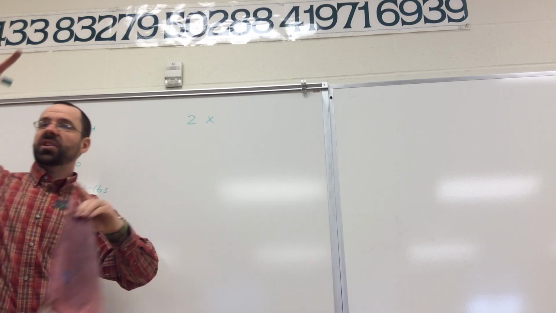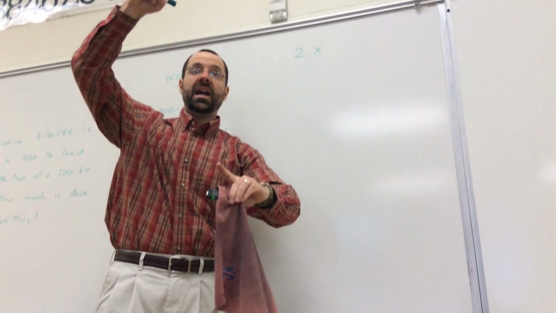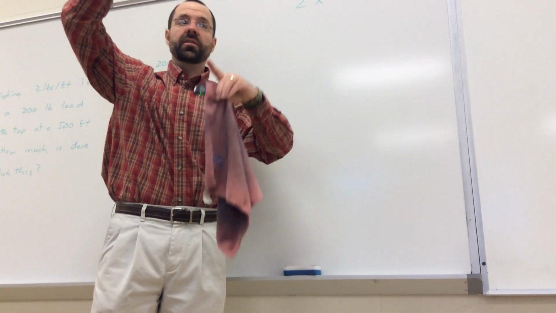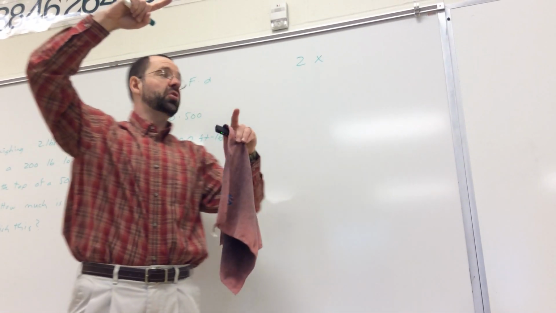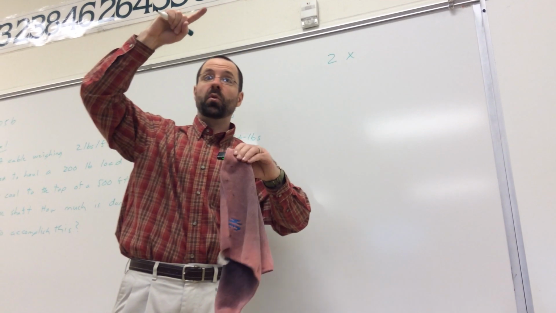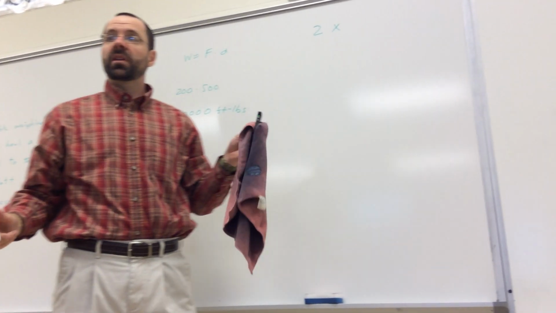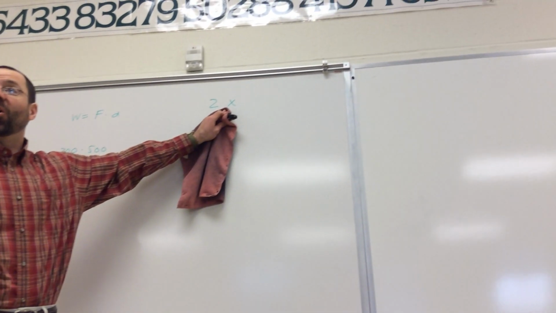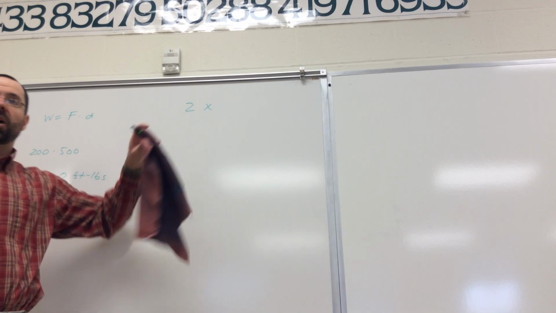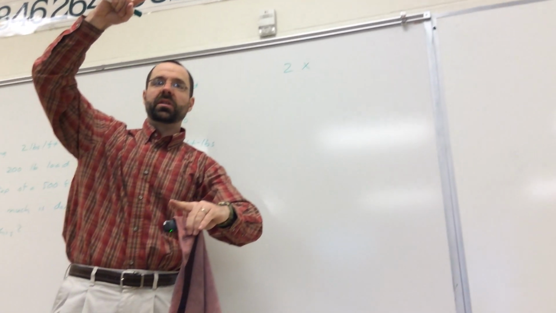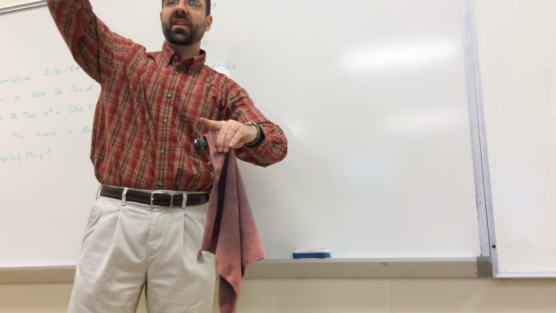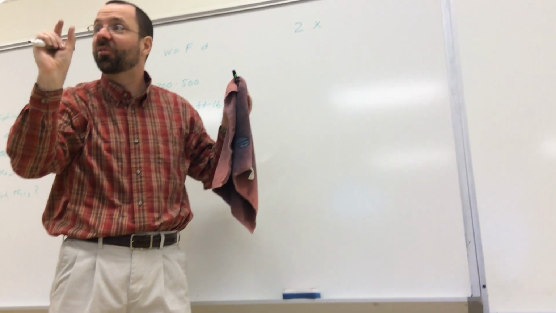So x is representing the length of the cable that's currently out, which keeps changing as you lift, and 2x represents how much that cable weighs. Now, how far do you move a particular length of cable? A very tiny amount, right?